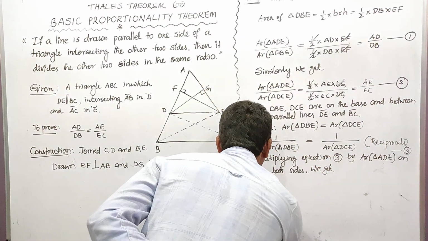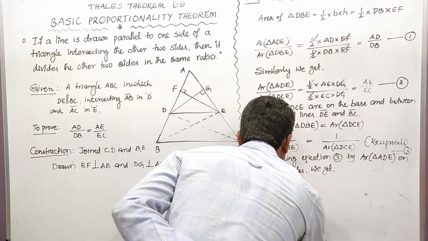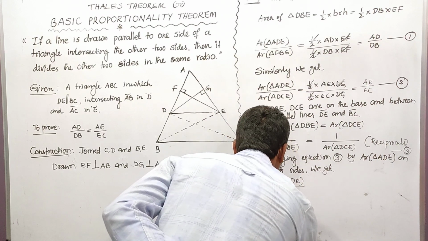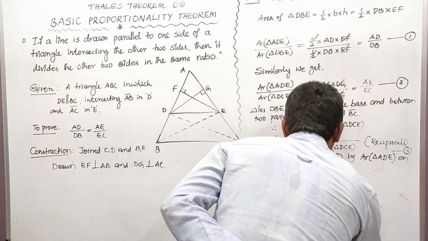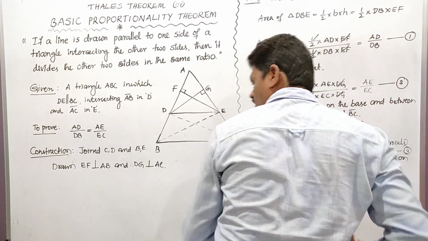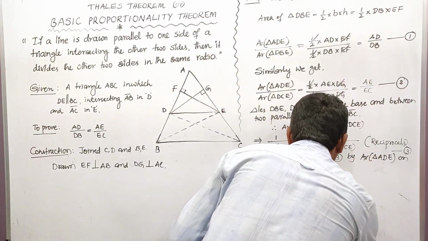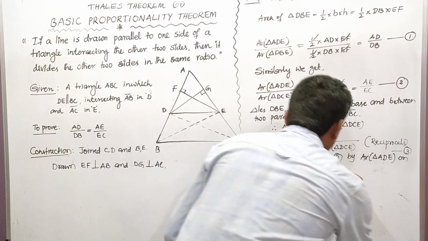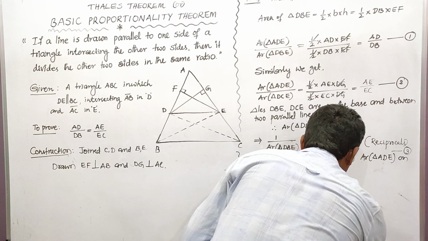So what do we get, students? 1 into area of triangle ADE is area of triangle ADE divided by, in the denominator, area of triangle DBE. In the same way, for the second one, 1 into area of triangle ADE is again area of triangle ADE divided by area of triangle DCE.